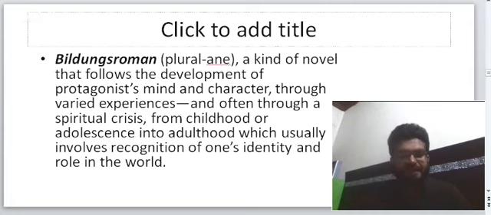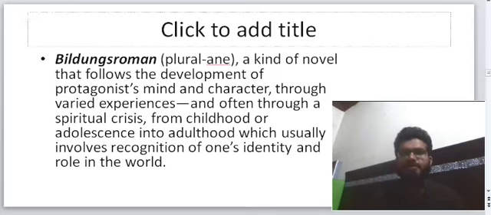So, this character experiences many things in life, and through experiences he improves his mind and character, and often through a spiritual crisis from childhood or adolescence into adulthood, which usually involves recognition of one's identity and role in the world.